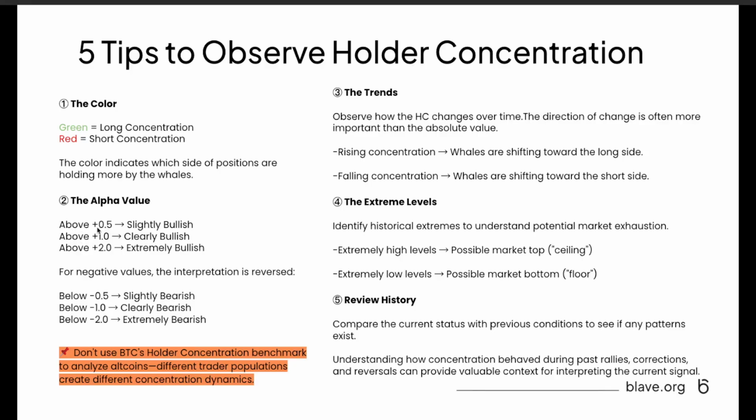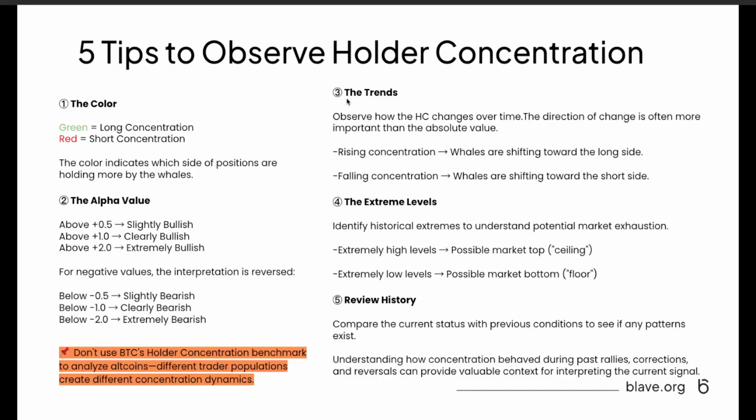Above 0.5 could mean slightly bullish from the whale positioning perspective, above one could be clearly bullish, they are really bullish on the token, and above two is extremely bullish. And vice versa in the negative direction on the bearish side.